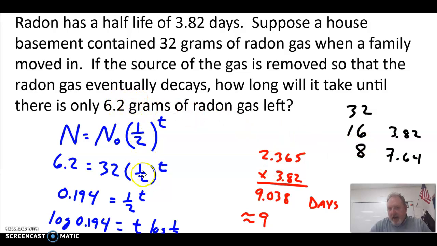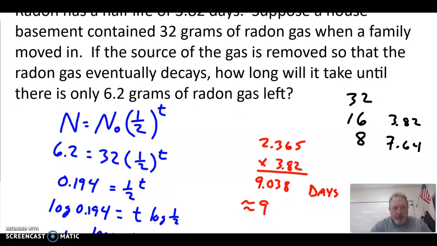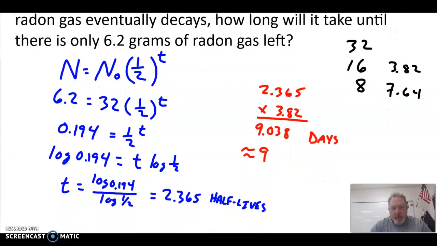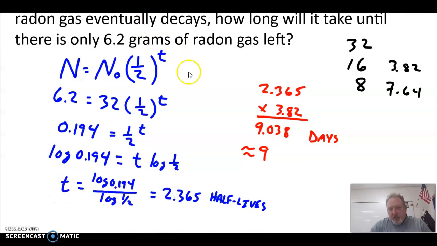So we know we have half of what we started with, so half of 32. We want to get down to 6.2 grams. So we are going to find our time here. So we divide by 32, take the log of both sides. And what T gives us in this context is the number of half-lives.